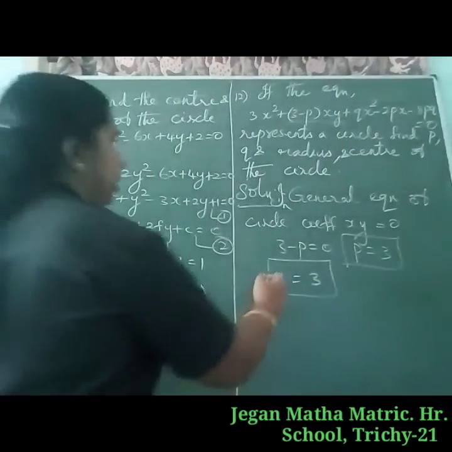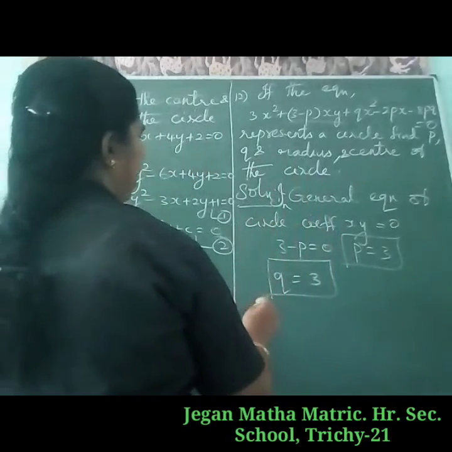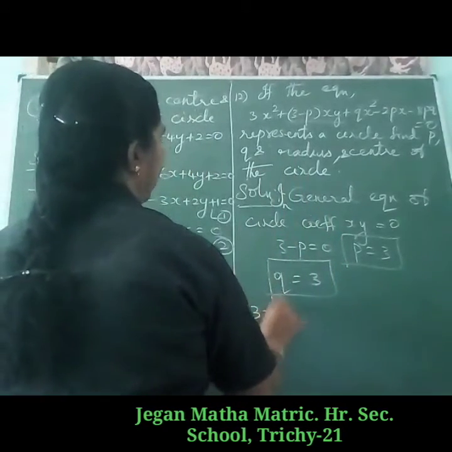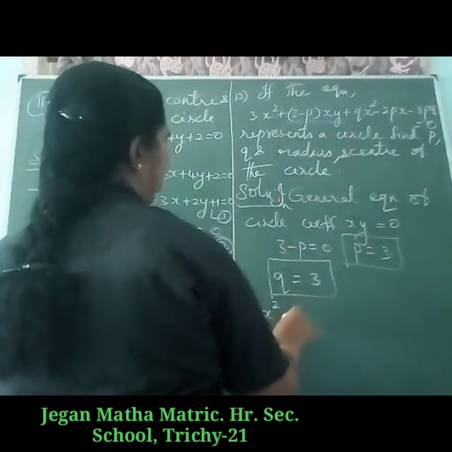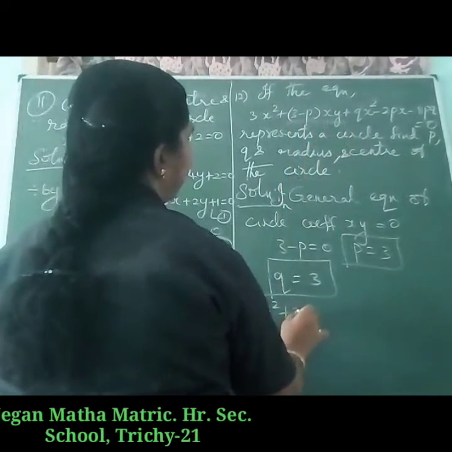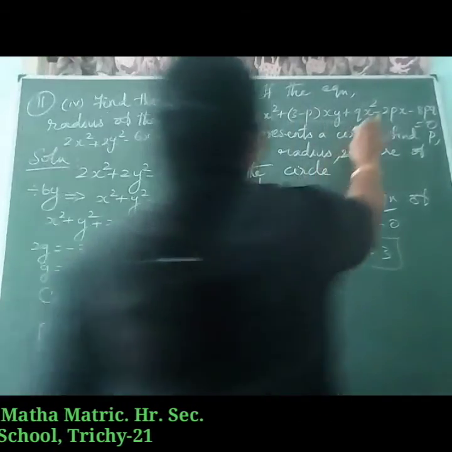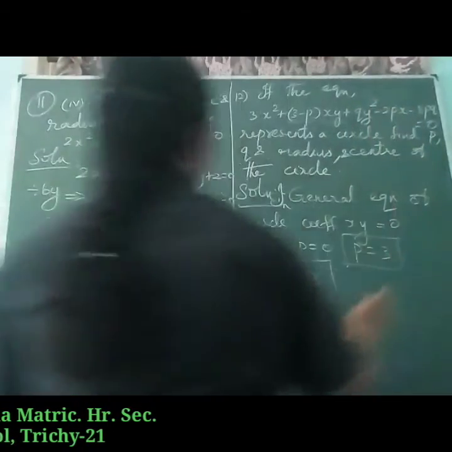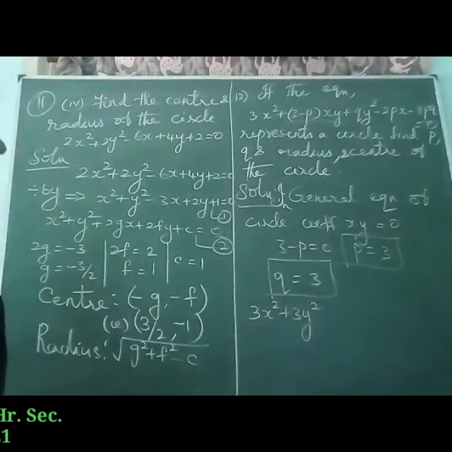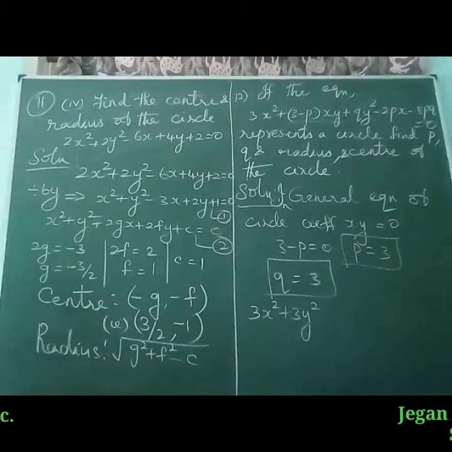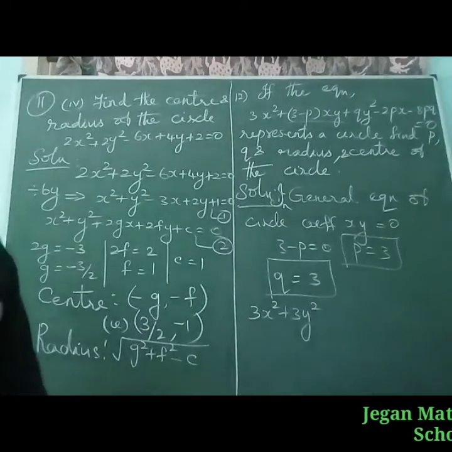So when you are substituting this p and q in the given equation, we will get 3x square. Here p is equal to 3, so 3x square plus 3y square. For 2px also you can substitute the value of p.